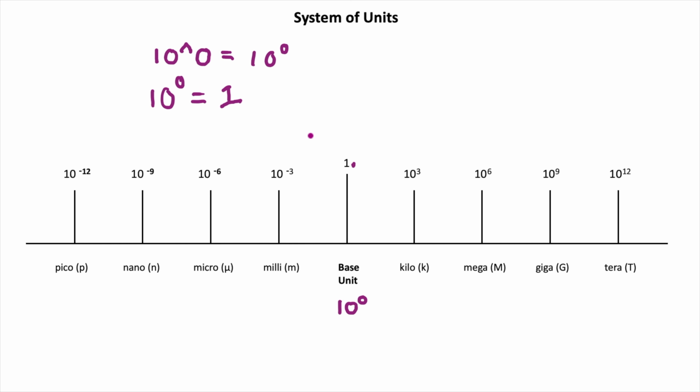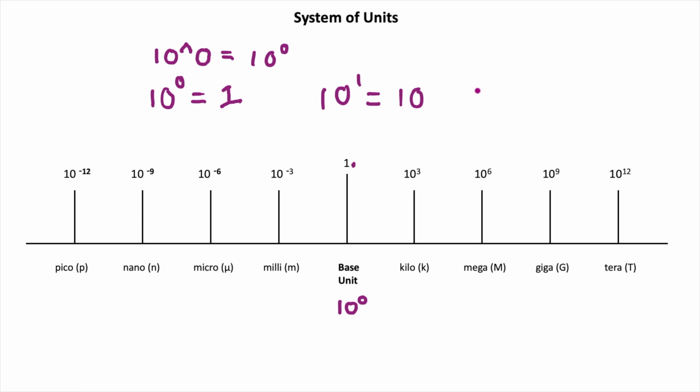This just means that we are multiplying 10 by 0. That gives us 1. Now let's move on to, let's say, 10 to the power of 1. What does that mean? So 10 to the power of 1 can mean multiply 10 by itself one time. So this gives us 10.